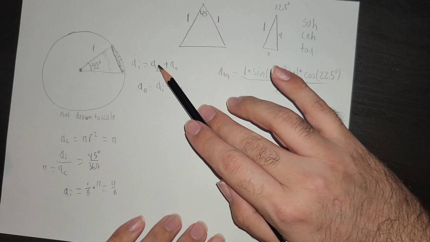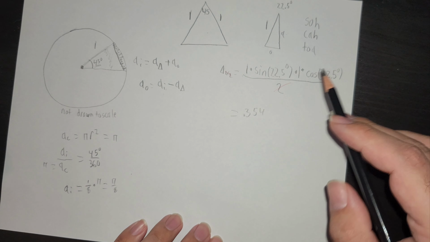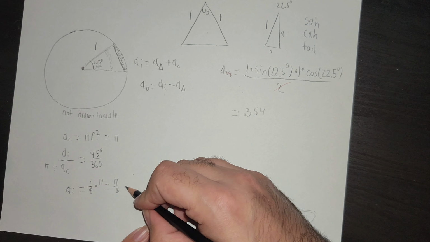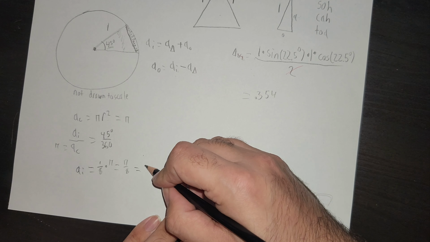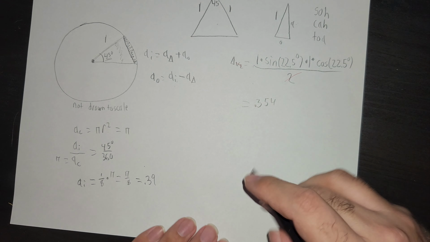And the area of the inside here, pi over 8, actually comes out to pretty close to about 0.39-ish.